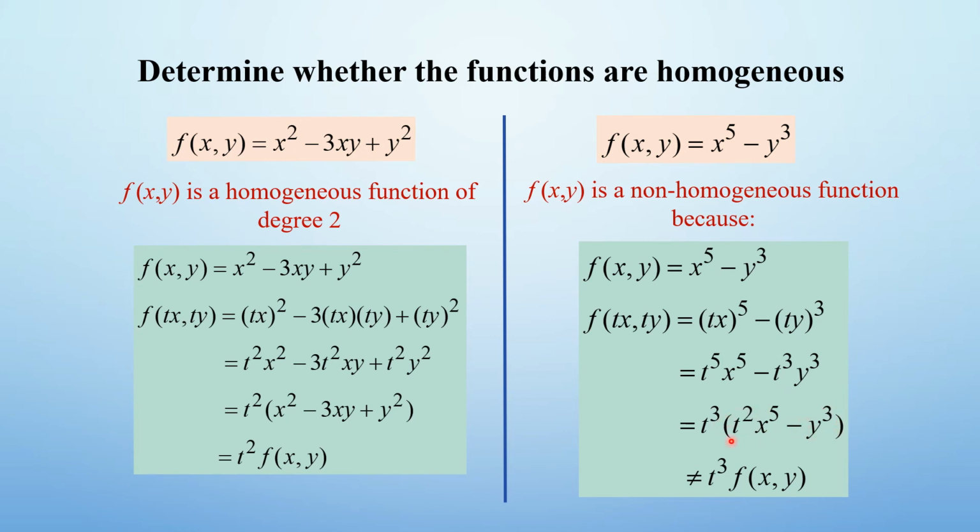Notice that the function inside this bracket is not the same as the original function, so this is not equal to t cubed times the original function. So it seems that f of tx, ty is not equal to t to the alpha times the original function f of xy, and therefore we say this given function is a non-homogeneous function.